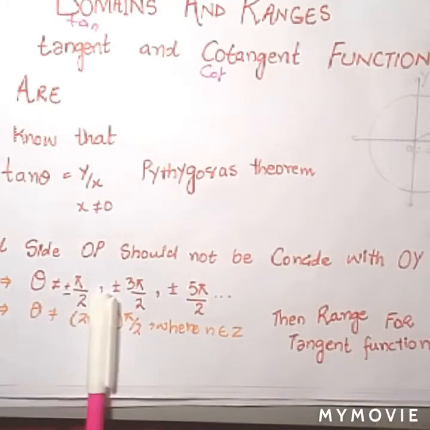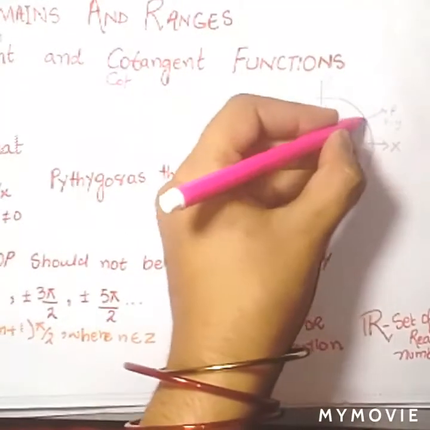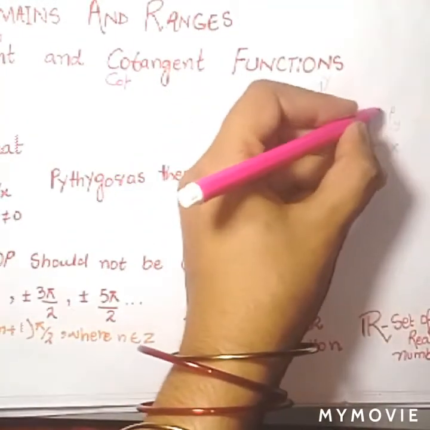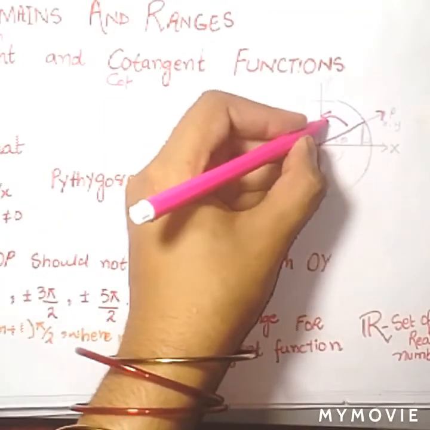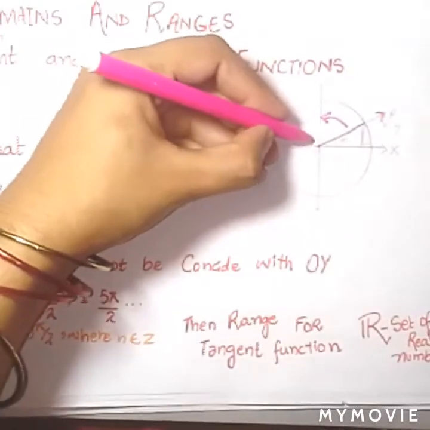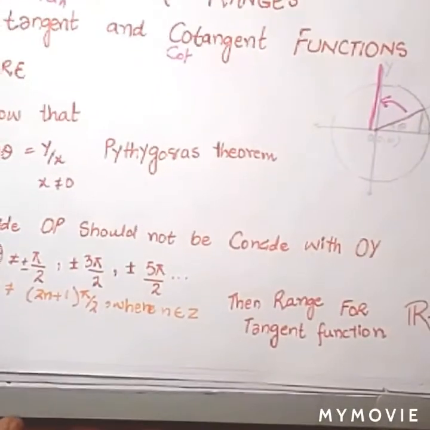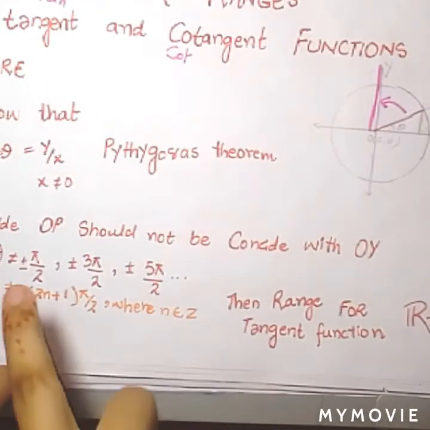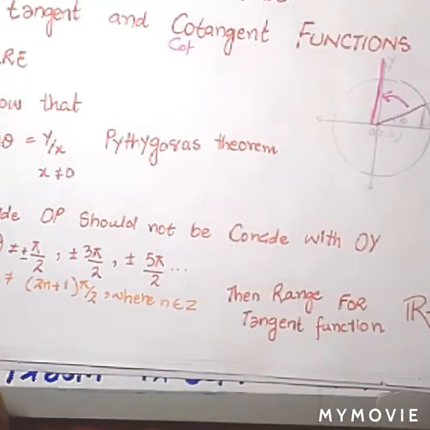And the terminal side OP, where is the OP? OP is that line I can mark for you. OP never terminates on OY. When it is on OY, it has an angle pi by 2, 3 pi by 2, 5 pi by 2 and so on.